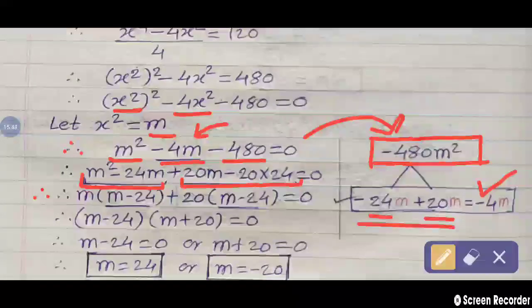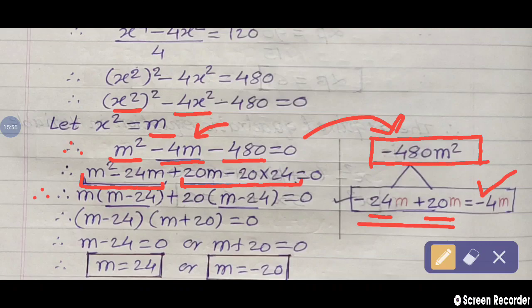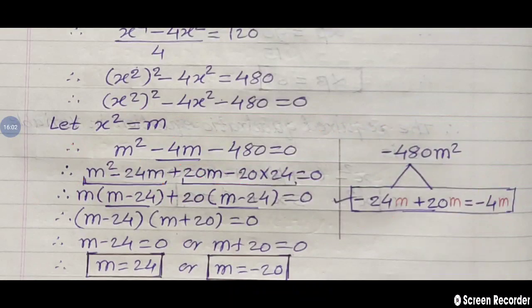In the first term, the common term is only variable m. So what remains in the bracket? M minus 24, plus the third and fourth term. What is common? So 20 is common. Check that. In the third and fourth term, 20 is common. So we write 20 and in the bracket what remains? M minus 24 is equal to 0.